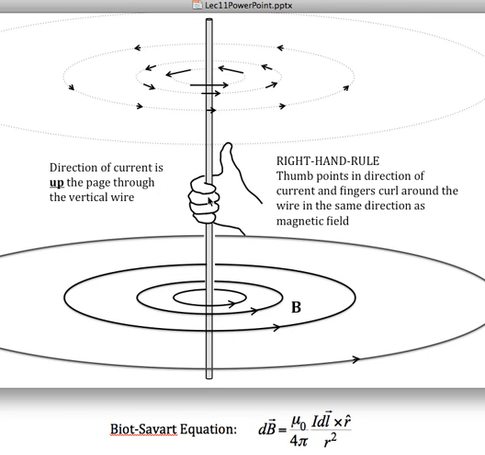In other words, with your thumb upward, your fingers curl in such a way that if I look down on them, they are curling in a counterclockwise direction. They are pointing around this thing counterclockwise, just like the magnetic field is circling around this thing counterclockwise if I look at it from above.